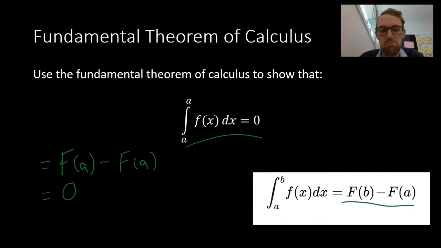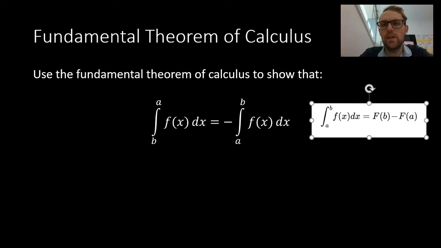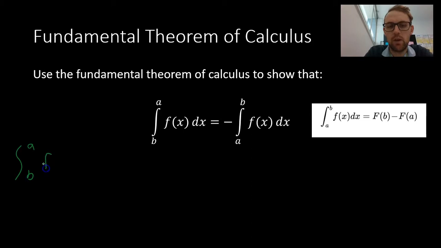All right, so this next one, we're going to prove that the integral from a to b is the same as the negative of the integral from b to a. So let's write this first part, the integral from a to b of f of x dx. So we could rewrite that using our formula.